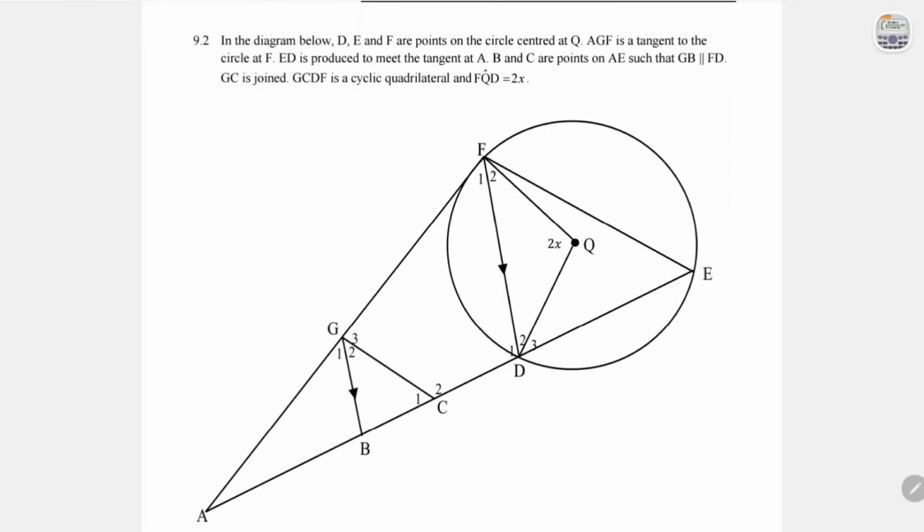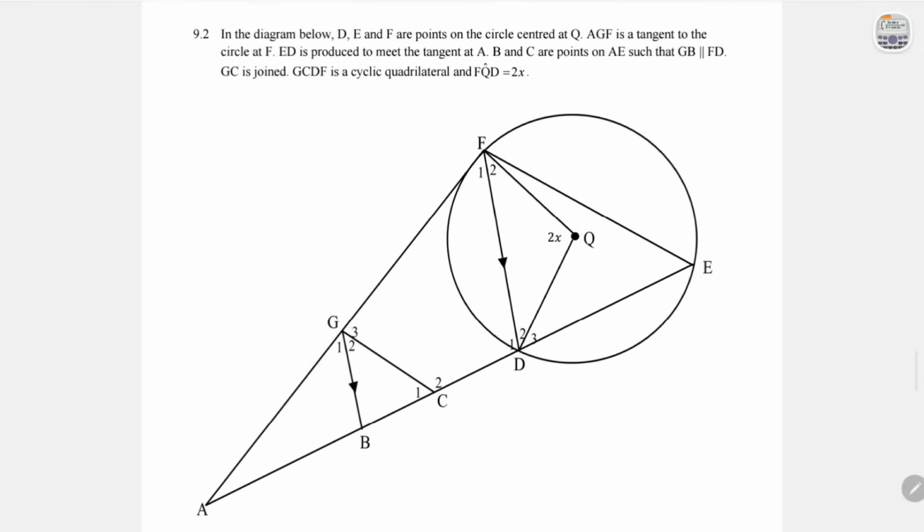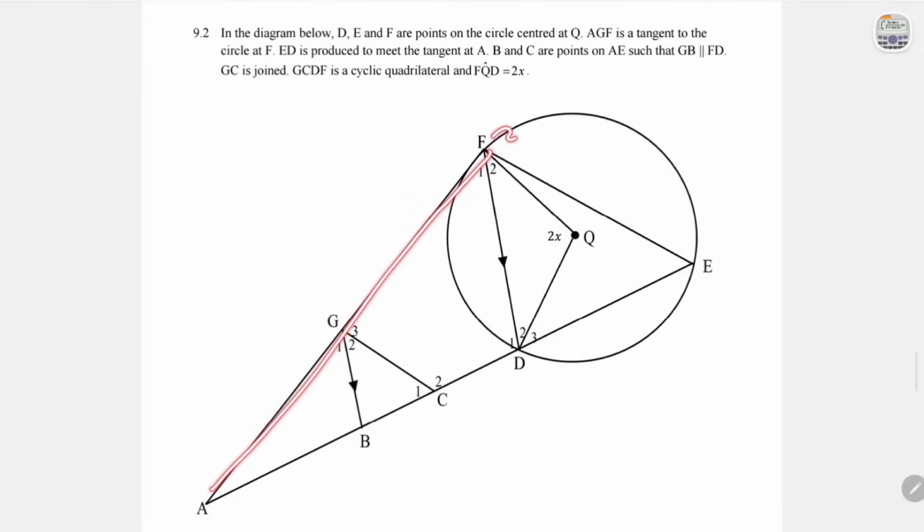Question 9.2 says, in the diagram below, D, E, and F are points on the circle centered at Q. AGF is a tangent to the circle at F, as we can see over there. ED is produced to meet the tangent at A. Then B and C are points on AE on this line such that GB is parallel to FD.